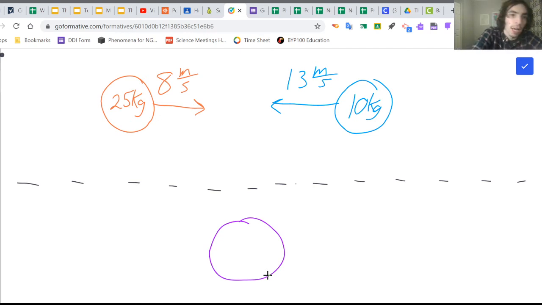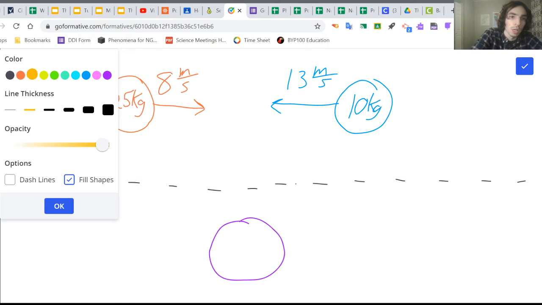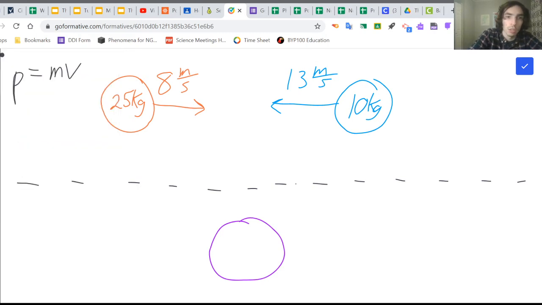And again, we're going to have to depend on our use of both the equation for momentum, p equals mv, but also conservation of momentum and mass. So we'll see that in a second, but first, let's just calculate the momenta that we do know. It's always a decent place to start.